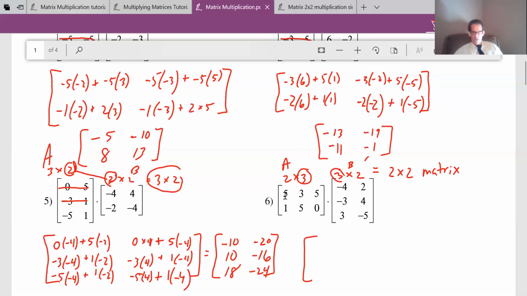First row, so I have 5 times -4, and I'm going to add that with 3 times -3. Remember, I'm going down. 3 times -3. Okay. And 5 times 3. Okay.